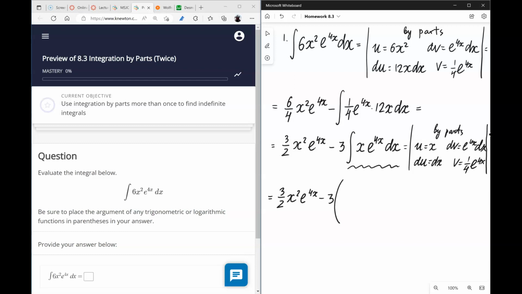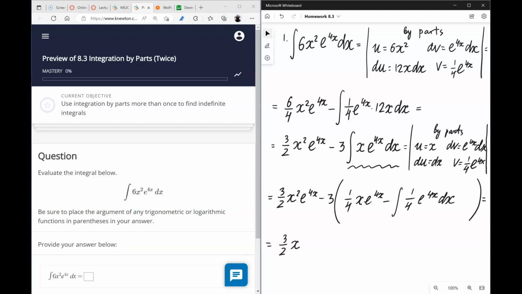So everything else remains intact. So let me make some space to write out this result, and we write out uv minus the integral of v du, and we're at the finish line.